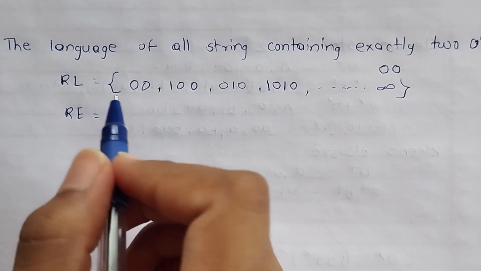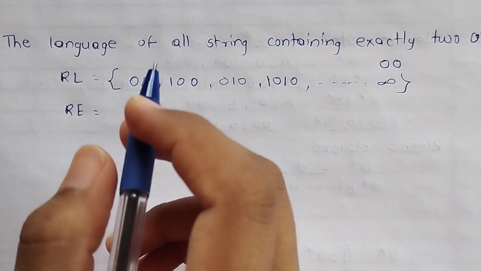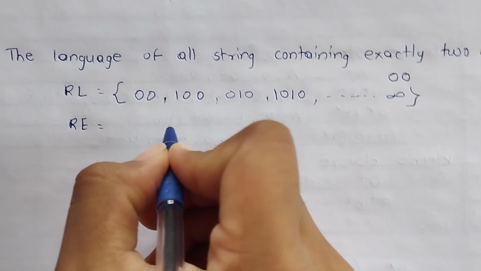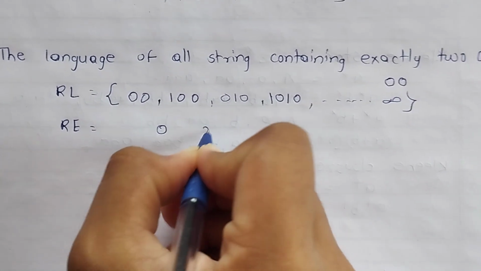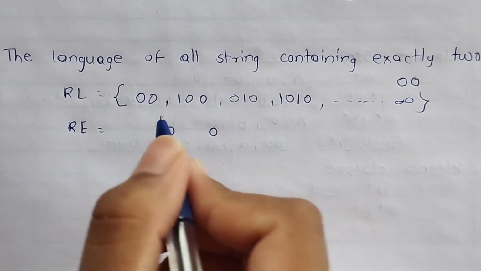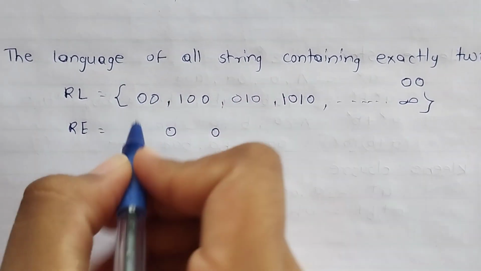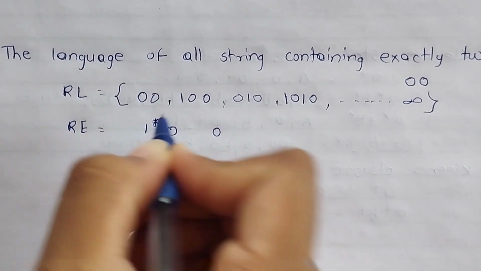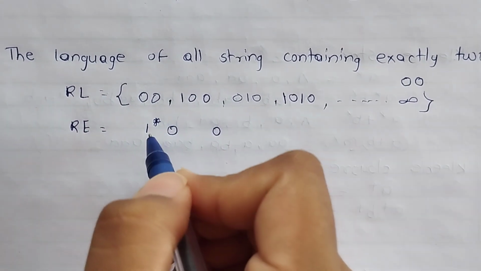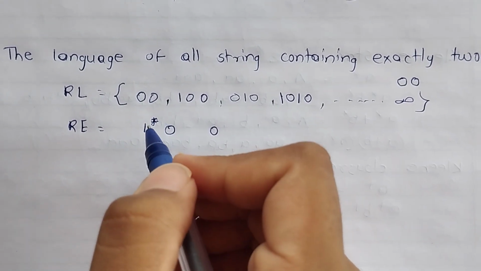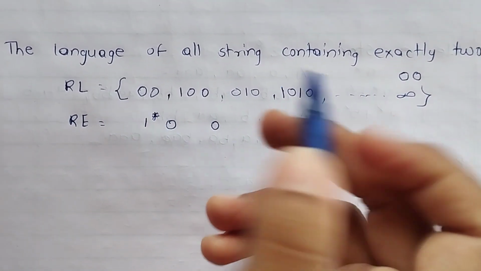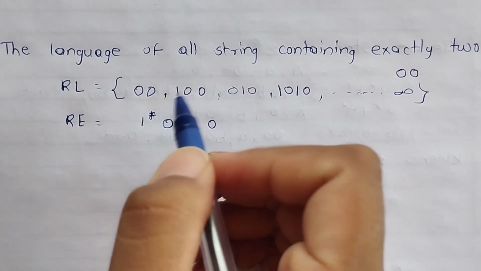Now we write the regular expression. How do we write it? First we write the 2 zeros, which are compulsory. Then the possibilities: 1 can come in front of the 2 zeros, so we write 1 star here.